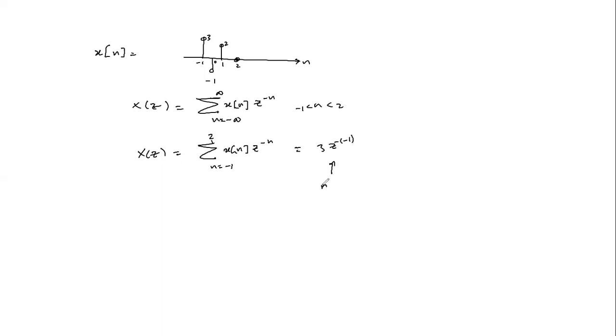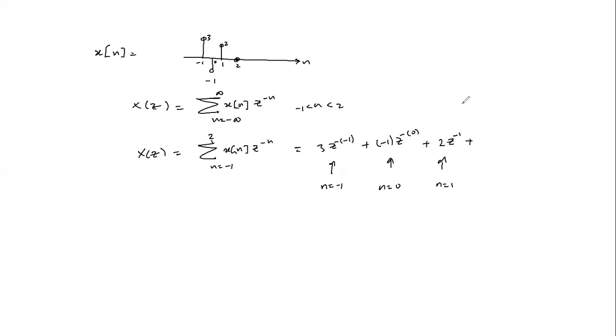Plus, at n equal to 0, the magnitude is -1, so -1 times z to the power of 0. Plus, when n is 1, magnitude is 2, 2 z to the minus 1.